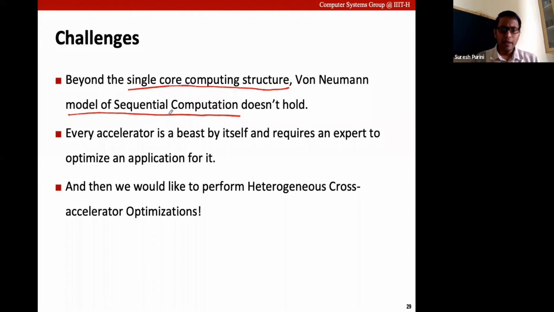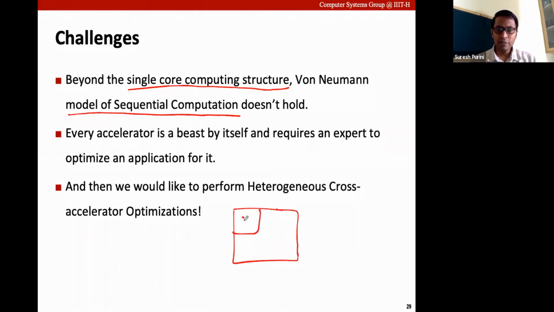So the challenge here is, if this is your whole program, some part of the program might be good for the CPU, some part might be good for the GPU, some part might be good for the TPU, and some part you may want to run on your FPGA. So how do you figure out, given a program, which part is good for what?